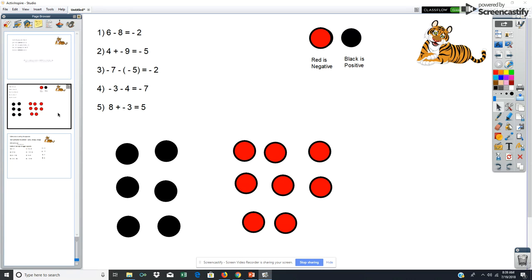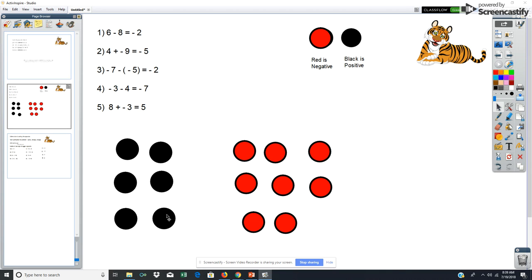Another useful tool when solving operations of addition and subtraction with integers is using manipulatives. Today I'm going to use black and red circles, where red represents a negative integer and black represents a positive integer. So for this first problem, 6 and the opposite of 8 is the opposite of 2, or negative 2. You can see I have 6 black circles to represent the positive 6, and I have 8 red circles to represent the negative 8.